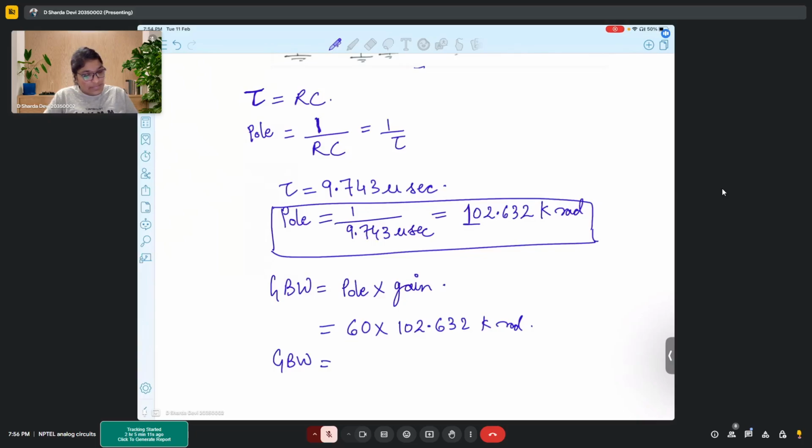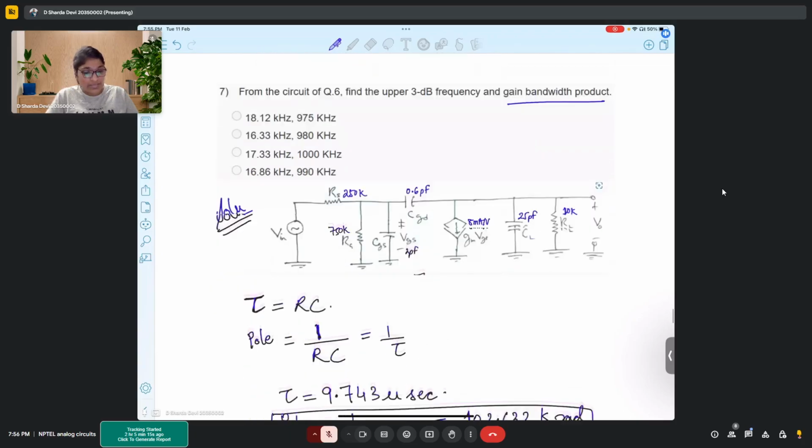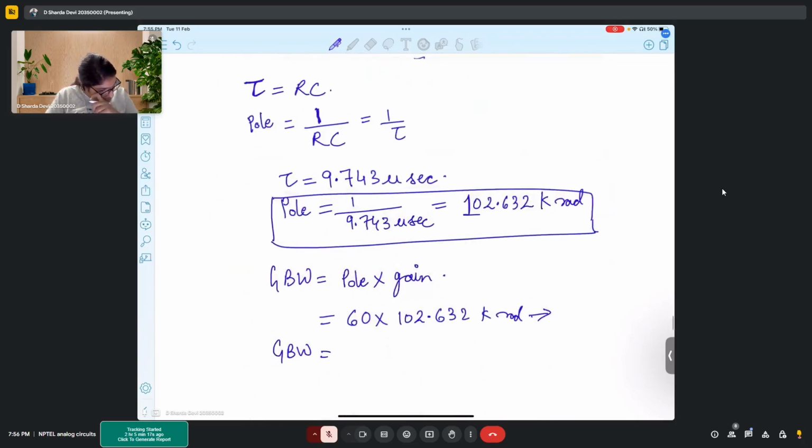So this is in radians. It is asked in kilohertz, so maybe we can convert this to frequency, that is 102.632 by 2 pi, which is 16.334 kilohertz.